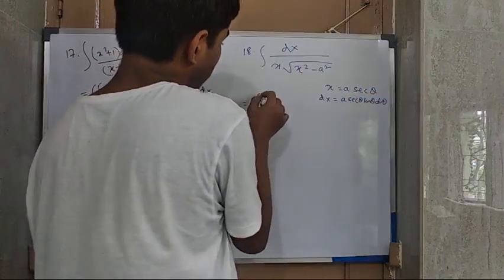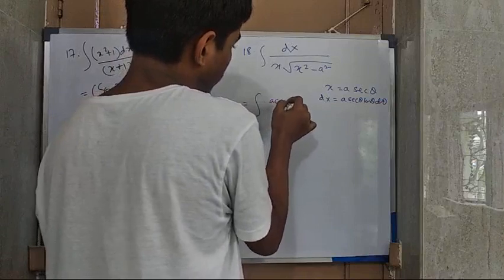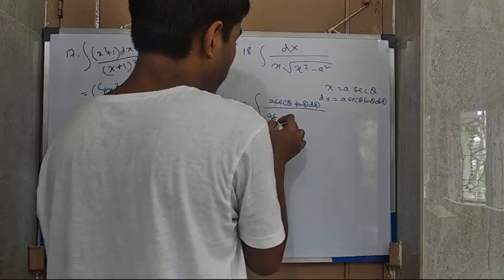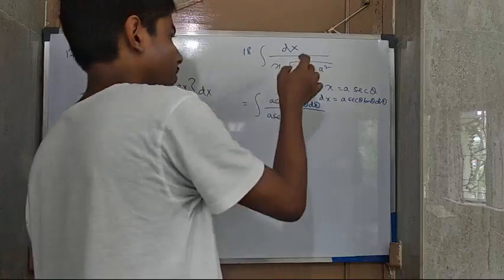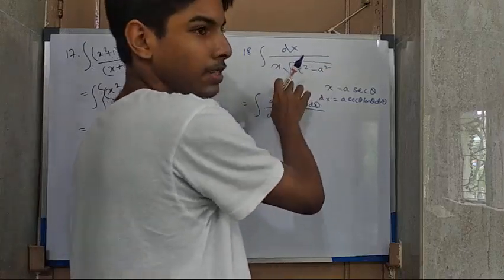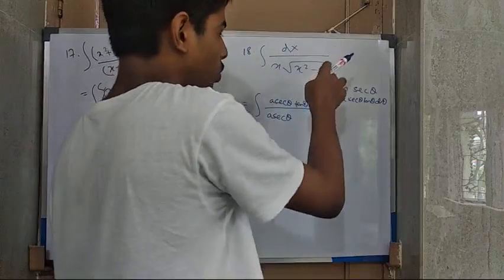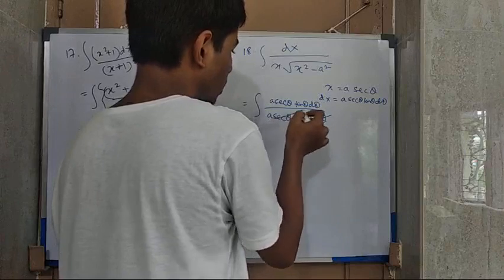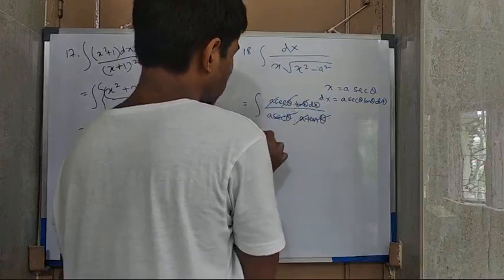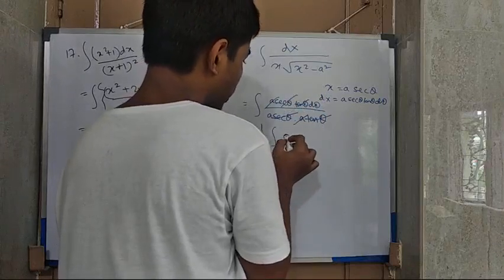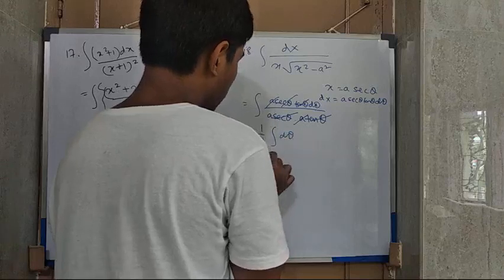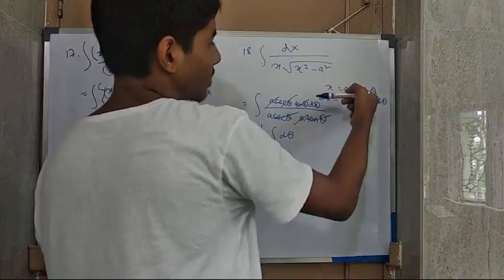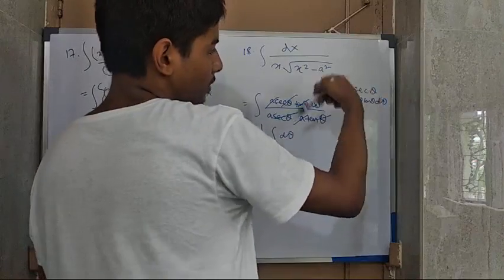and this becomes integral a sec theta tan theta d theta divided by a sec theta, and this becomes a squared tan squared theta under root, so this is actually a times tan theta. So you can just cut them out, and this is 1 by a integral d theta. So this is 1 by a theta plus c, and theta is actually sec inverse x by a.